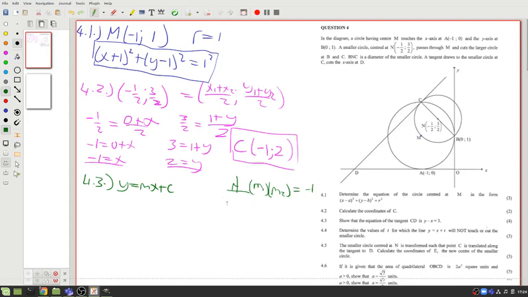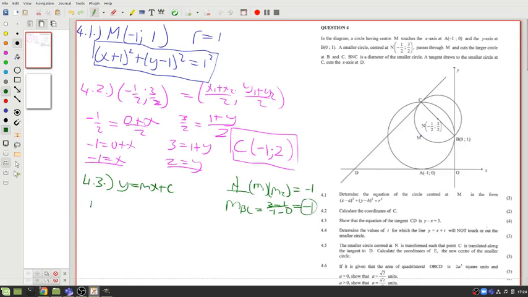The gradient of BC equals change in y over change in x. C's y value is 2, B's y value is 1, C's x value is negative 1, B's x value is 0. So that gives us 2 minus 1 is 1, over negative 1. So our answer is negative 1.